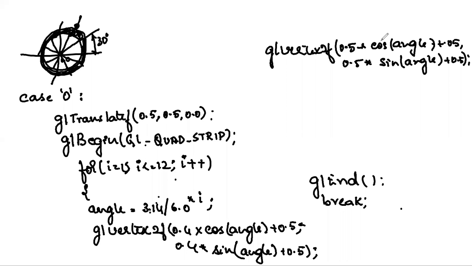So after writing this, when you iterate it finally, this code is going to approximate with the 12 quadrants or the 12 quadrilaterals on an XY plane or on a two-dimensional plane.